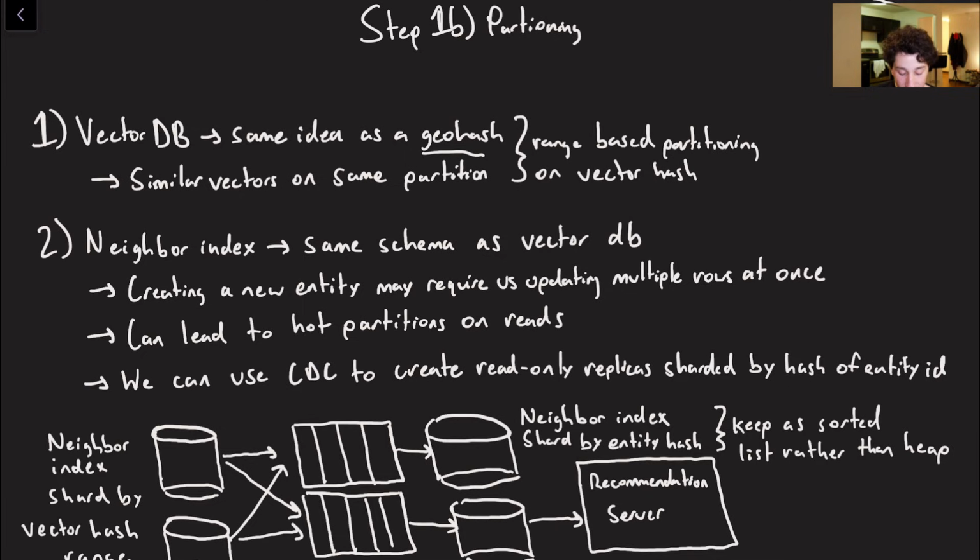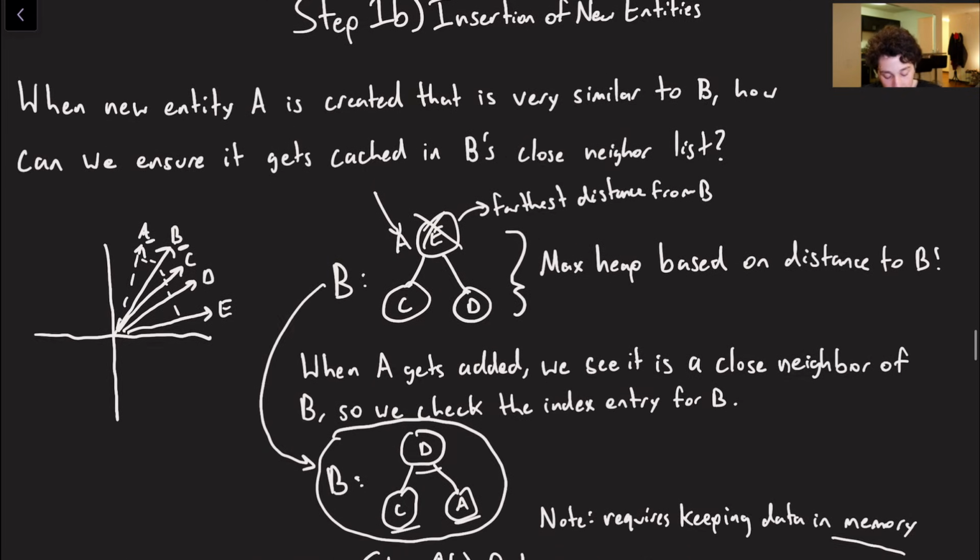The next aspect of things is our neighbor index. The first thing I want to talk about is partitioning it the same exact way as the vector database, so that if a given entity is very similar to another entity, they're on the same partition. This is going to be useful when we insert new entities.